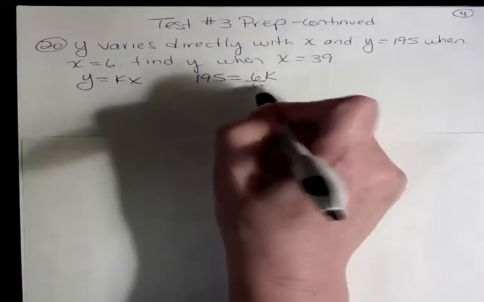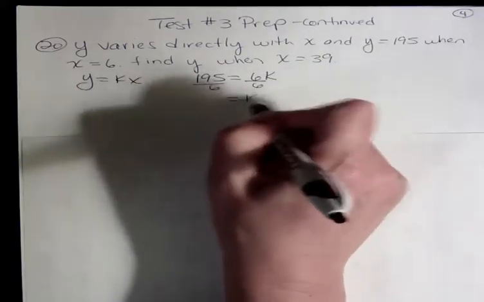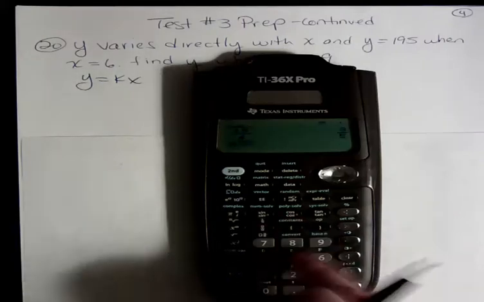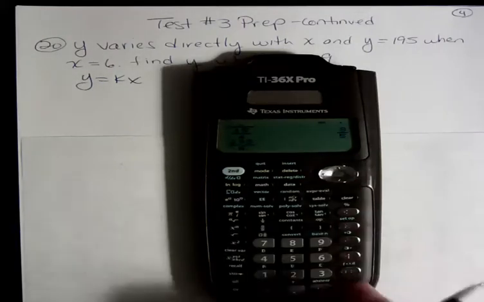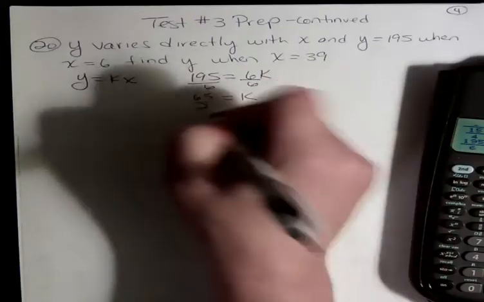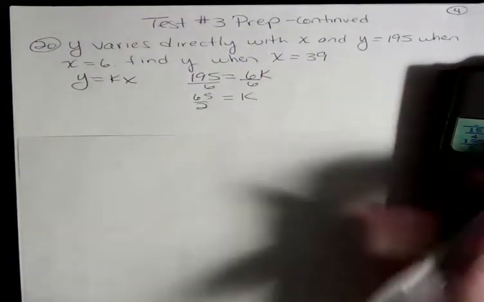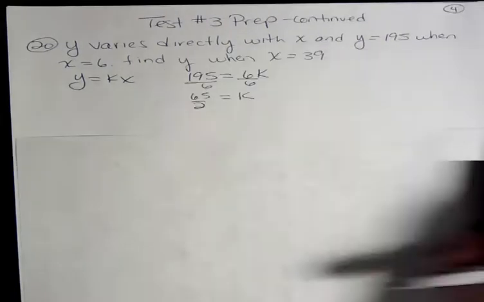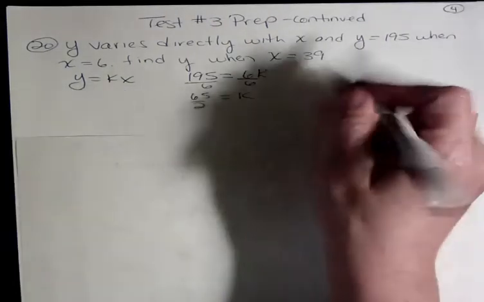If we divide by 6, what do we get? 195 over 6 is 65/2. I'm going to leave it as a fraction, even though I could make that a decimal, because 65/2 is exact as a decimal, right? 32.5, whichever one you want to use if it's exact.